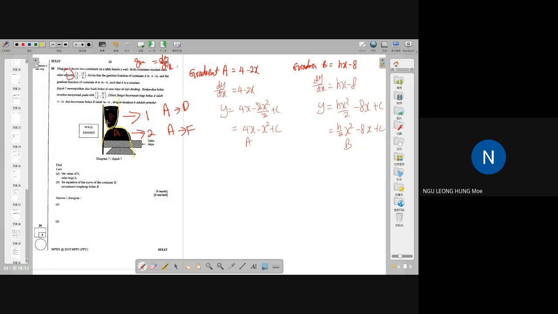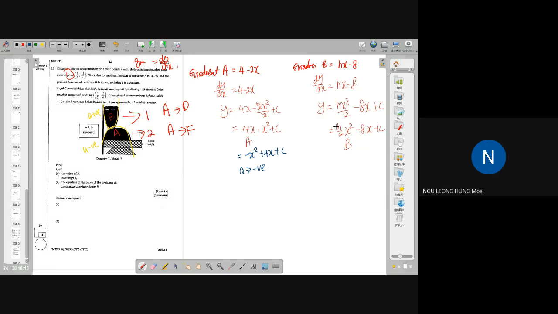This one is quadratic with a positive. This one is quadratic with a negative. You get what I mean? So you look at this one: negative x squared plus 4x plus c. So a is negative.